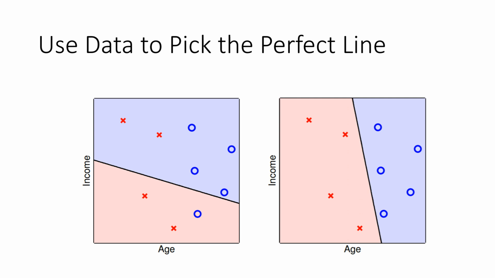Having said that, I know that I have this training data. I have some data that I can use to pick that perfect line. Income and age, if you remember, are the features for the credit card approval problem, and my goal was to say a yes or a no. So one answer to our question, which one to pick, could be to look at them given my data.